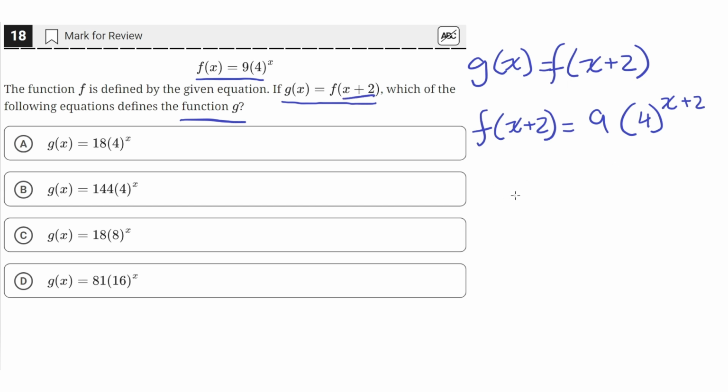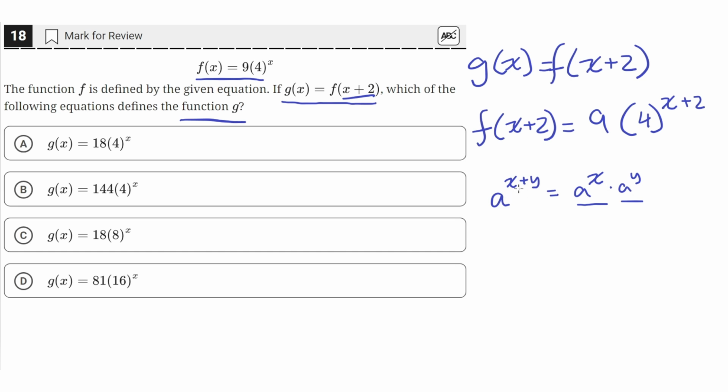So now, using the property of exponents, we can simplify this down. One property of exponents is that if you have, say, a constant a being raised to the power x plus y, then we can rewrite this as a raised to the x times a raised to the y. Because we know from the property of exponents that when you have the same base and you're multiplying them together, then you just add the exponents.